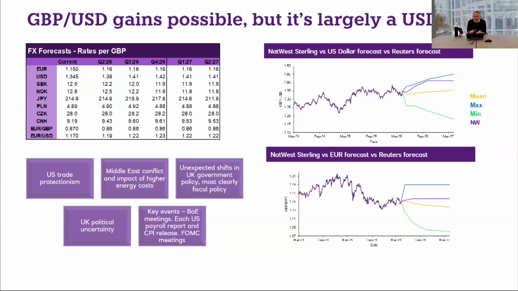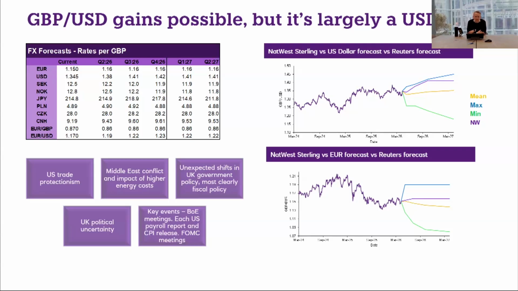And you can see that we are more confident than most that sterling dollar moves higher over the year. But you can also see there's a big range of forecasts, although we're towards the upper end of the range. On the bottom chart, similarly, we're just a little bit more optimistic on sterling and the euro, but not meaningfully so.